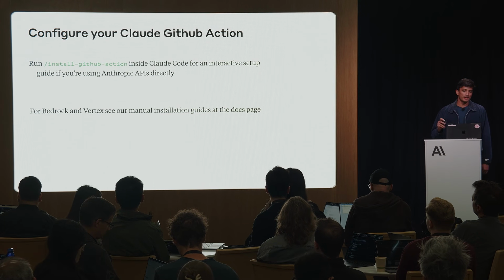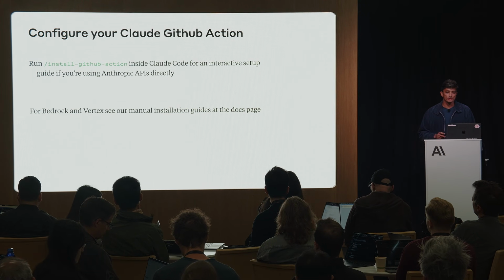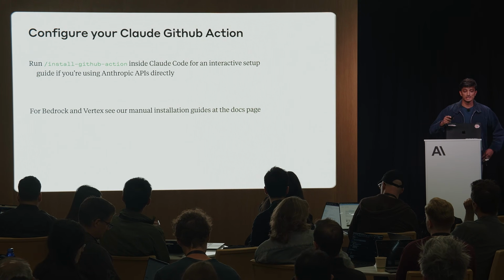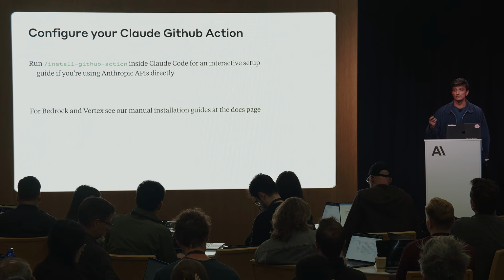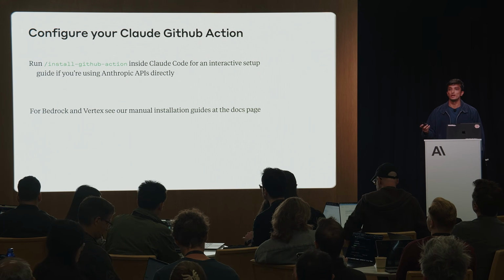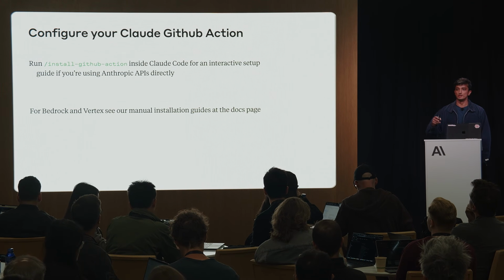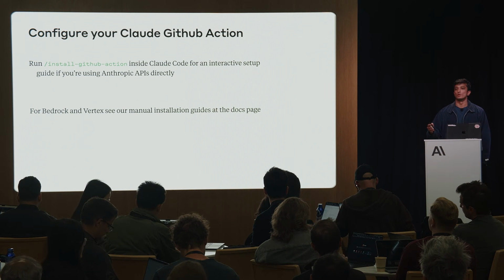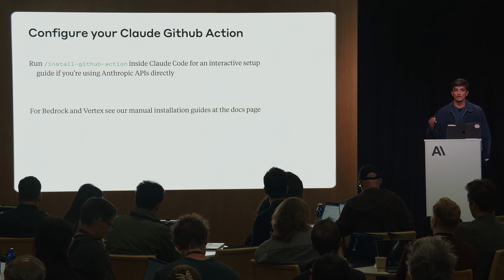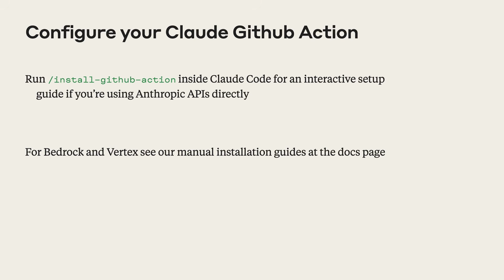Finally, you can install the Claude GitHub Actions today. The easiest way to do this is to open up Claude Code in a terminal in the repo that you want to install it in. And once you open up Claude Code, just do /install GitHub action.